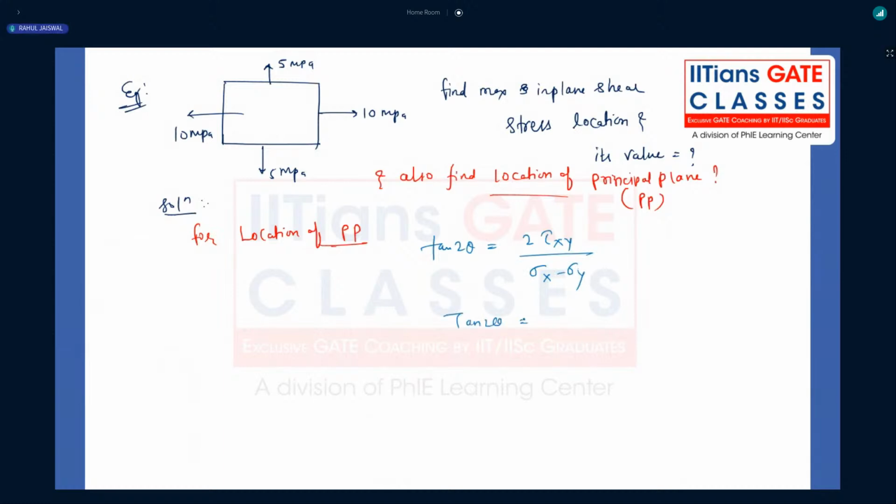Now put those values. Is there any tau xy? Can you see any tau xy? That is 0. Sigma x is 10 minus 5. Once again, that value will be 0.